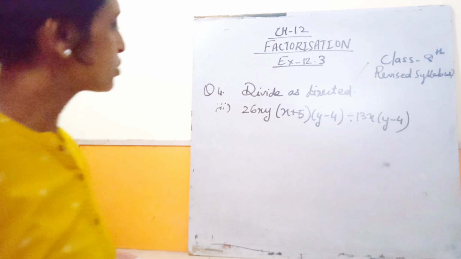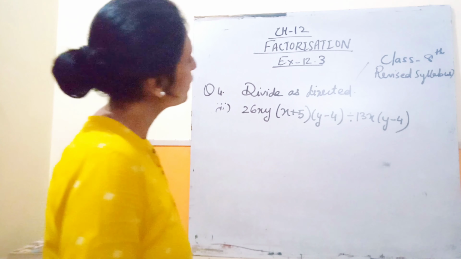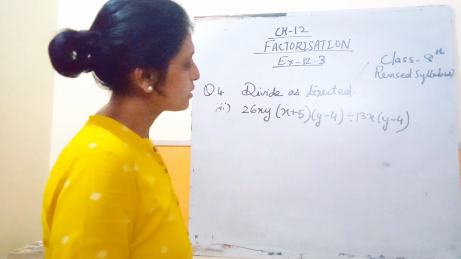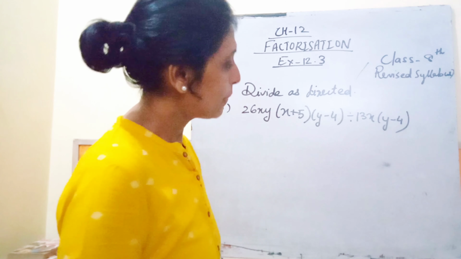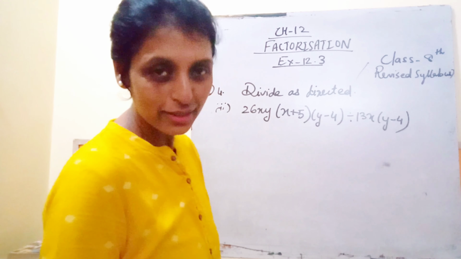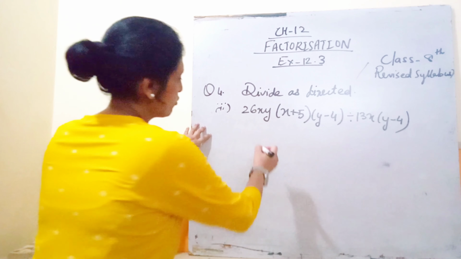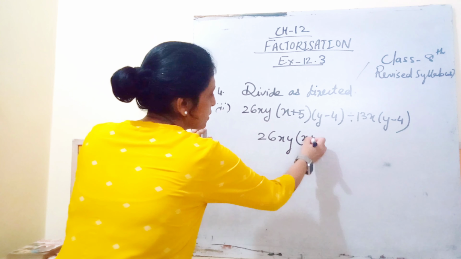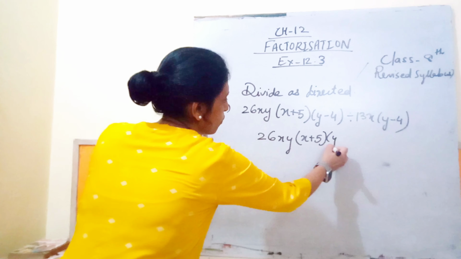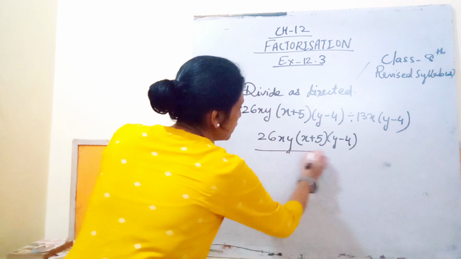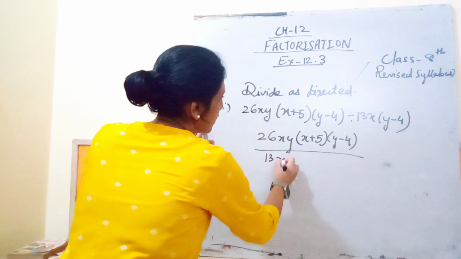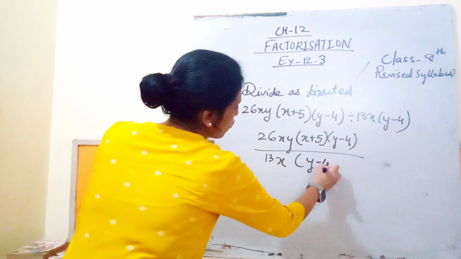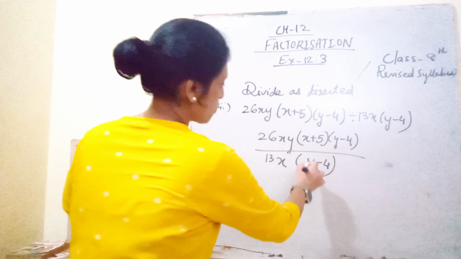So easy, isn't it? In the second part, we have to divide 26xy multiplied by (x + 5) multiplied by (y - 4) by 13x(y - 4). So how to do? 26xy(x + 5)(y - 4) upon 13x(y - 4).